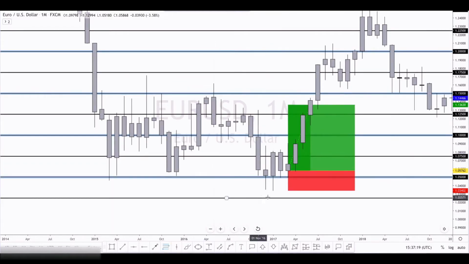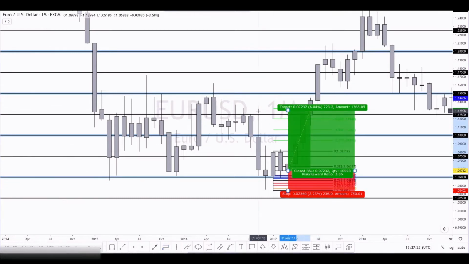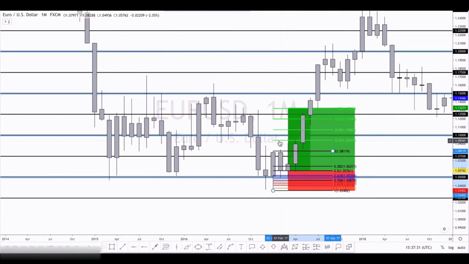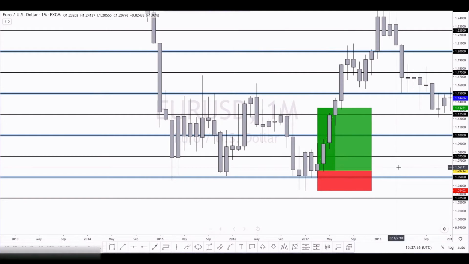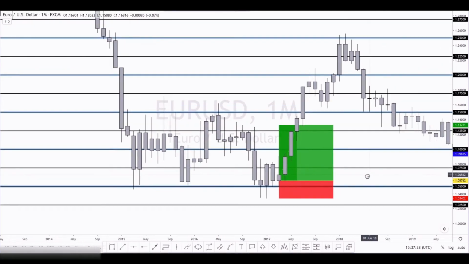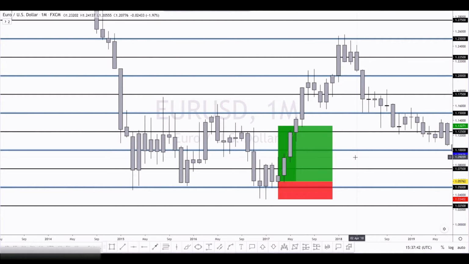If we apply back our Fibonacci retracement tool, we're looking at a target of here, which is nearly around 750 pips. So you can see that is quite a swing trade. 750 pips would offer you a 3.18 risk to reward, and you would have been in that trade for 1, 2, 3, nearly 2.5 going into 3 months.